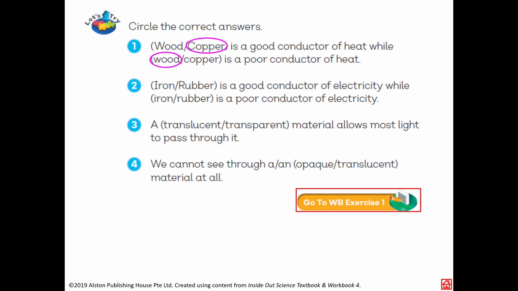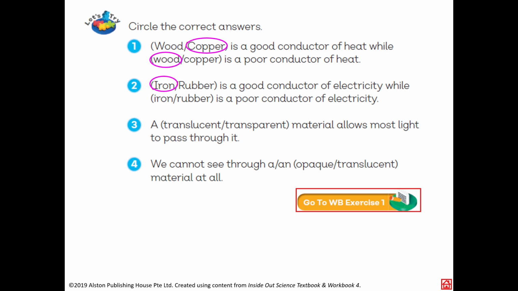Next, number 2. Iron or rubber is a good conductor of electricity, while iron or rubber is a poor conductor of electricity. What is your answer? I hope you're correct.